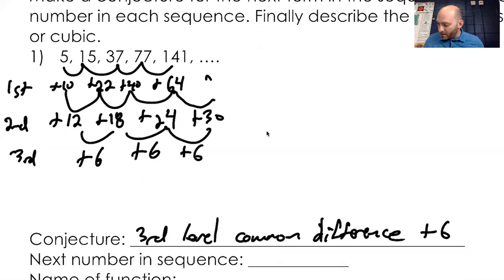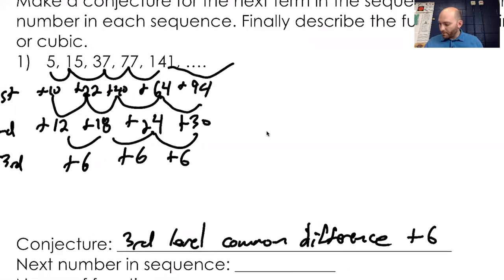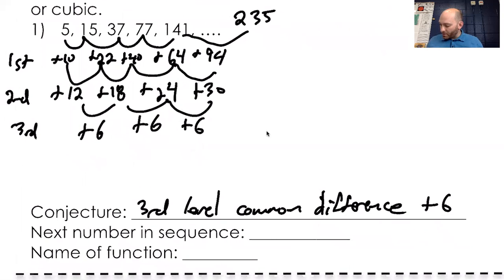So that's going to be a 94. And then 94 is describing how do I get from 141 to that next number. It's always a level above. So 141 plus 94 is going to give me 235. So that's my next number in the sequence. Okay, and the name of the function, because we have a third level common difference, that is a cubic function.